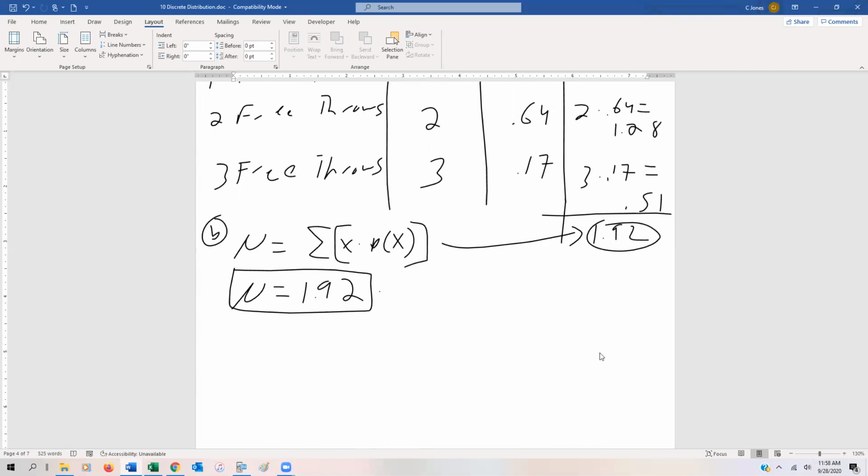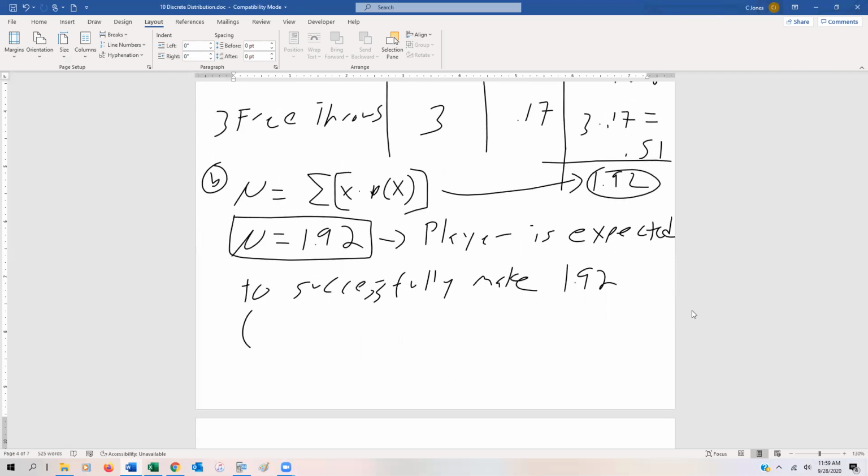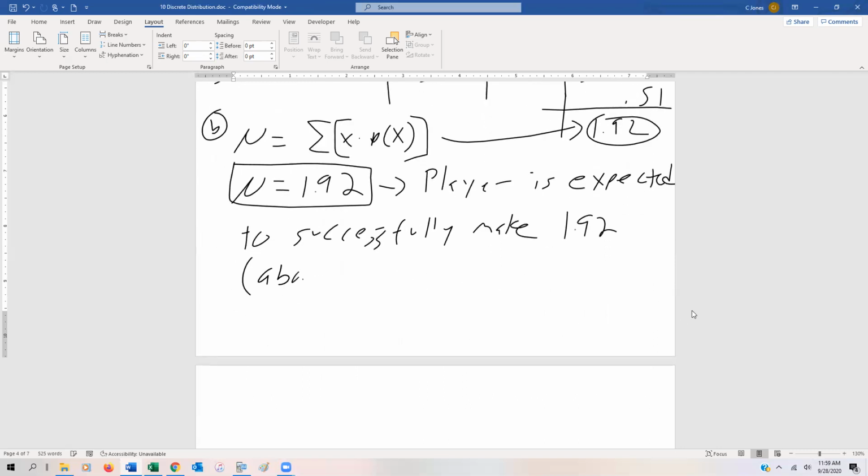Okay, so to interpret this, this means that the player is expected to successfully make 1.92, okay, or since we can't make 1.92 baskets, we can say about 2, right? That's probably the closest number that we have. Free throws out of every 3 attempts.